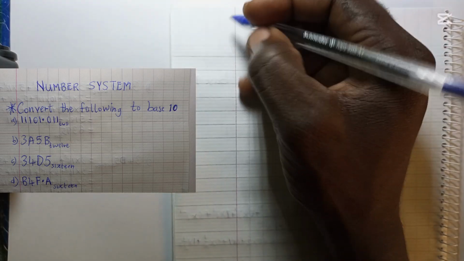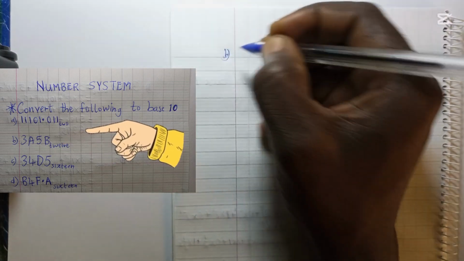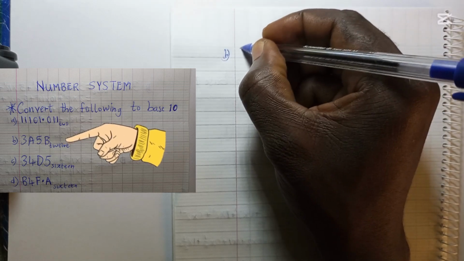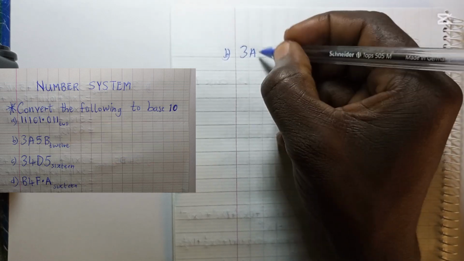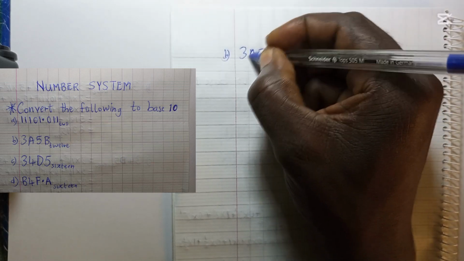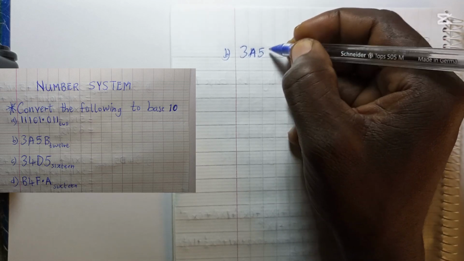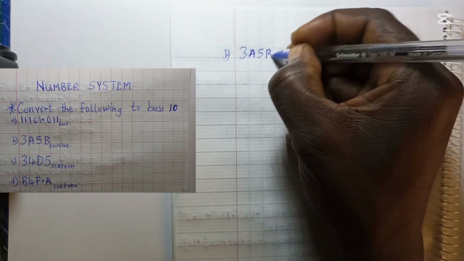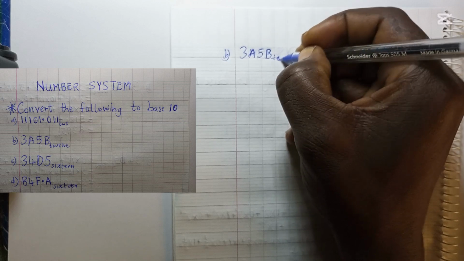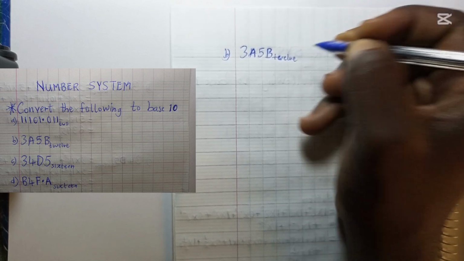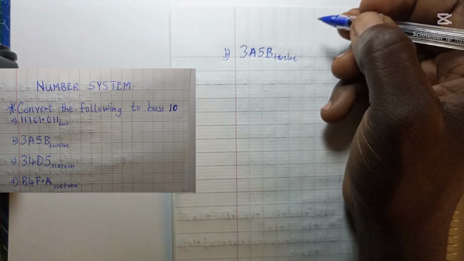So the B says we should convert 3A5B base 12 to base 10.